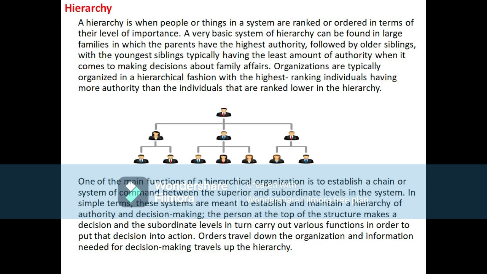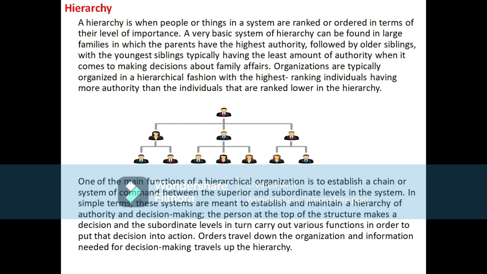One of the main functions of a hierarchical organization is to establish a chain or a system of command. We all know the hierarchical system from top level to lower level management; we call it a chain of command between the superior and the subordinates.